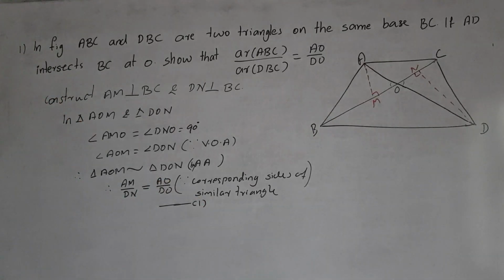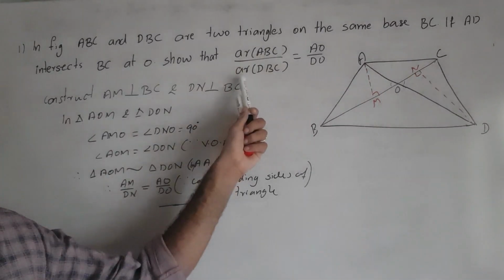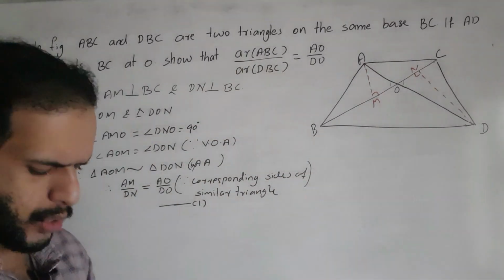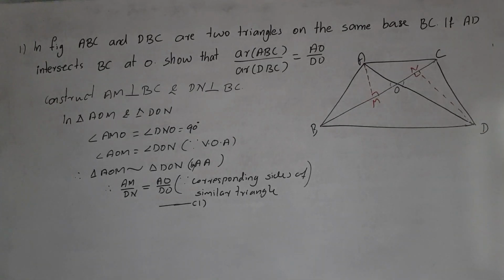But what we want to find is the area of triangle APC and the area of triangle DPC. Correct. So we find one by one the area of triangle APC and triangle DPC.